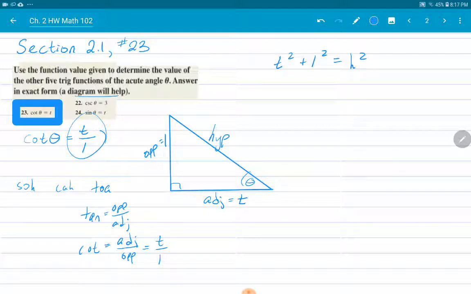So solving for h, I get h equals the square root of t squared plus 1 squared. And that's as simple as I can go with that. I know it's positive because it's a length, it's an acute triangle, it's the hypotenuse. But I can't simplify it any further since I don't have a number for t. So that is my third side.